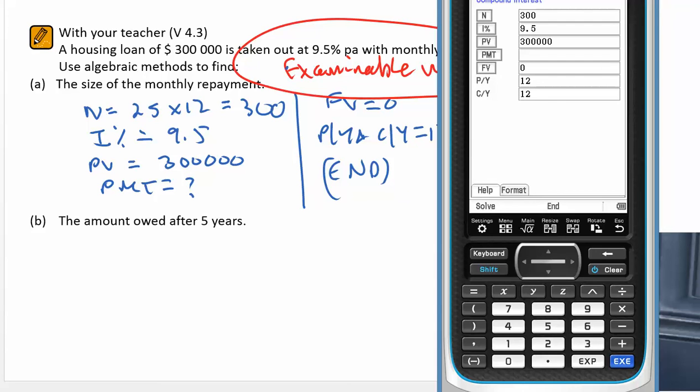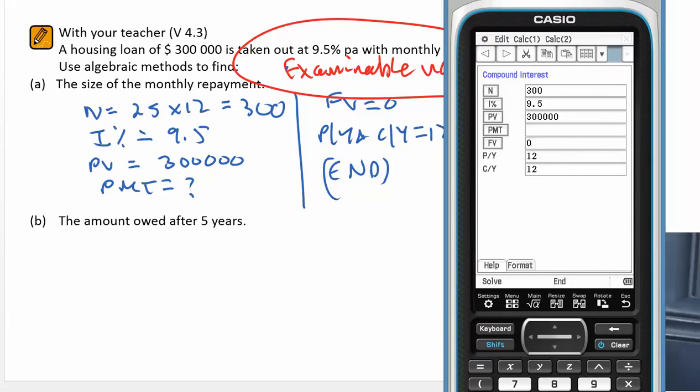Payments per year, compounding per year, setting at the end because the interest is due for the first time at the end of the month when you've had the loan for 1 month. Selecting the payment, and you'll see the 2621 and 9 cents that we had pretty much earlier in the problem.